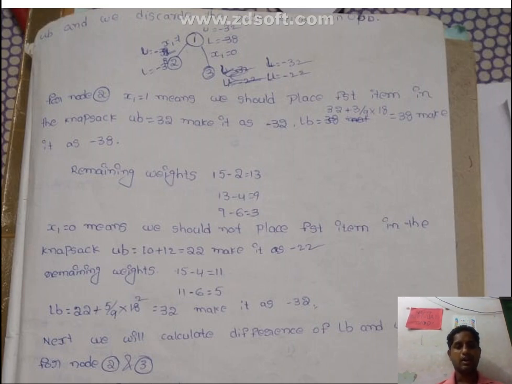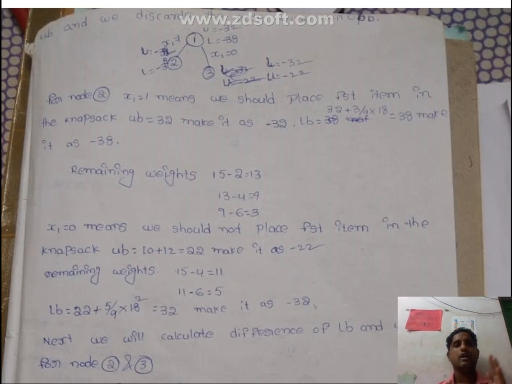Therefore upper bound equals 10 plus 12 equals 22, make it minus 22. Remaining weight is 15 minus 4 equals 11, 11 minus 6 equals 5, so the lower bound equals 32, make it minus 32.